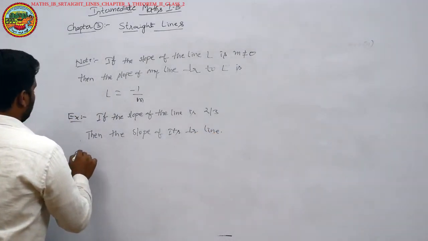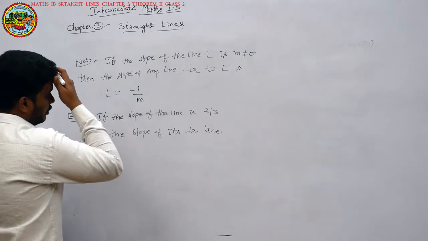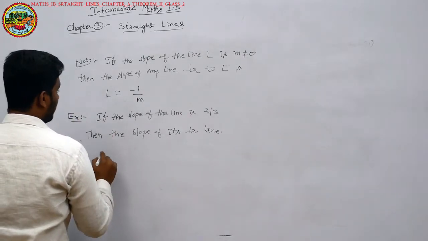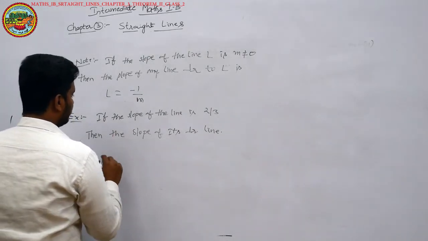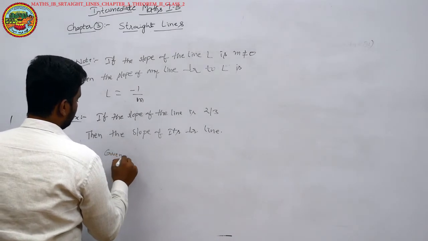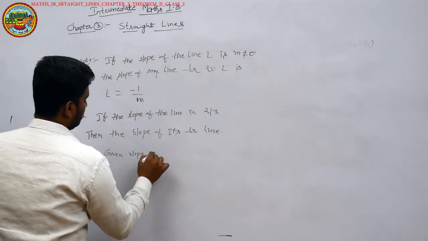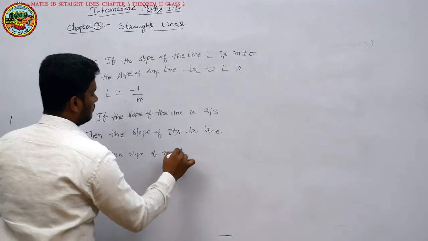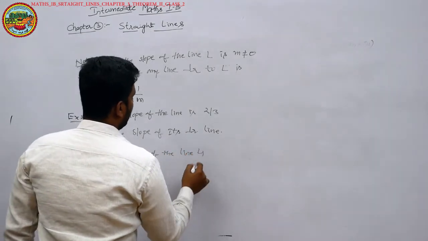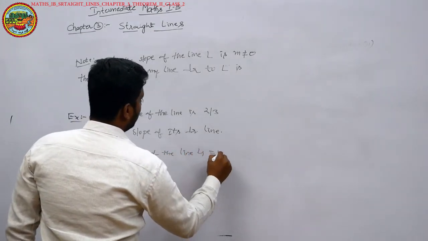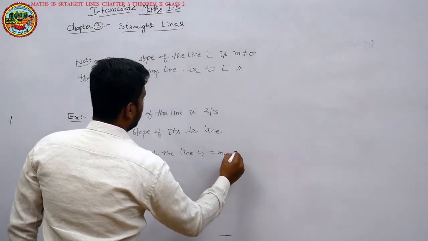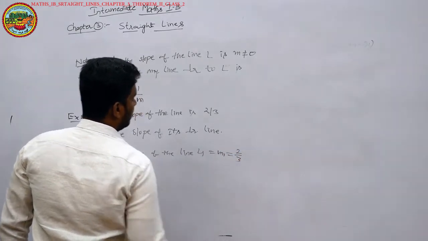So solution: given the slope of the line L1, m1 is equal to 2 by 3.